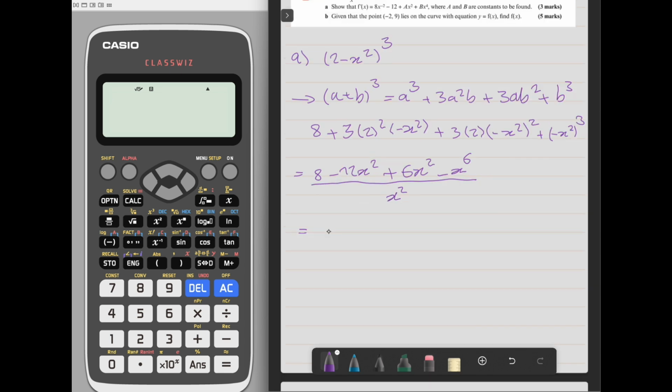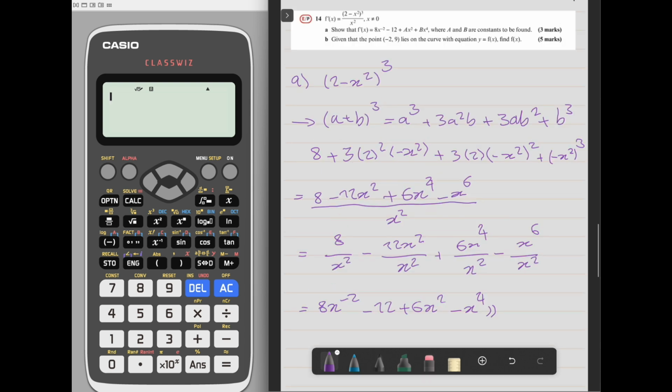I can separate the numerator, as we had in the first chapter: 8 over x squared minus 12x squared over x squared plus 6x to the power of 4 over x squared minus x to the power of 6 over x squared, which is going to be 8x to the power of minus 2 minus 12 plus 6x squared minus x to the power of 4.